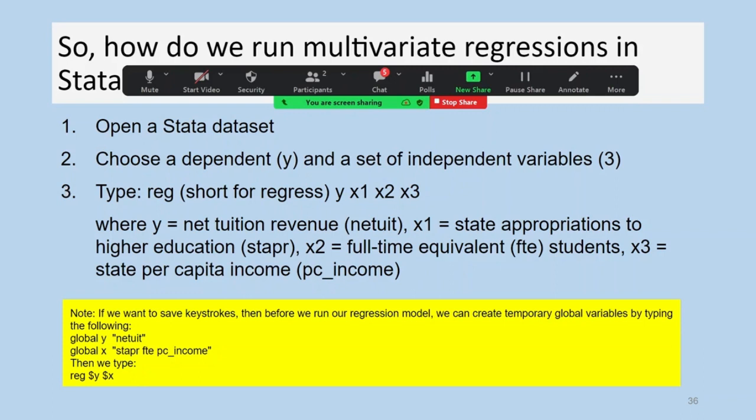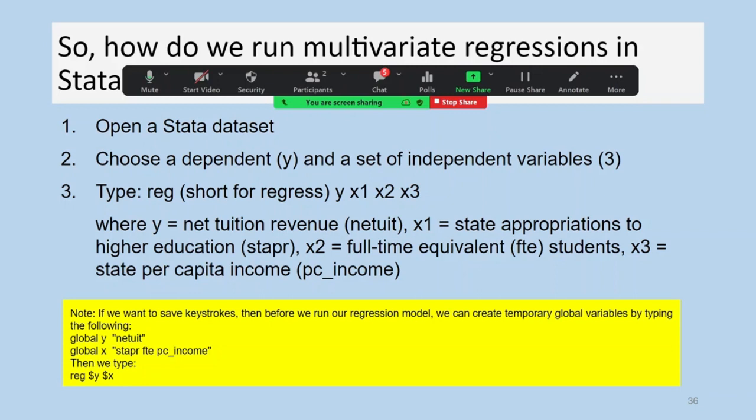Okay. So what I'd like you to do is open a Stata data set, choose a dependent variable and a set of independent variables, choose up to 3, and type in or run a regression, right? By typing in reg and your dependent variable followed by your 2 or 3 independent variables.